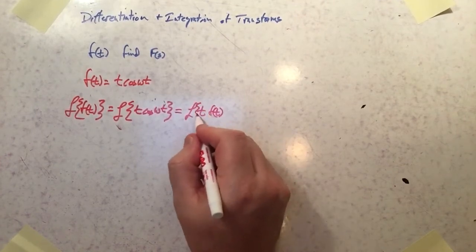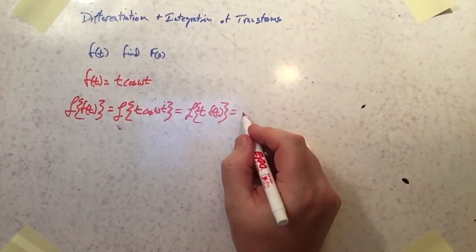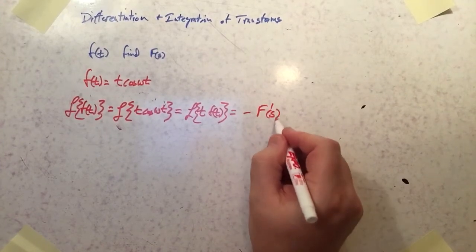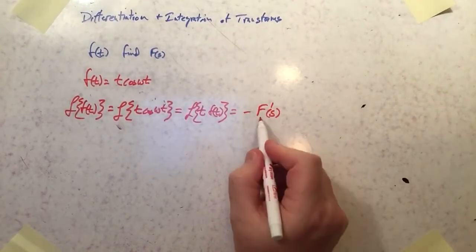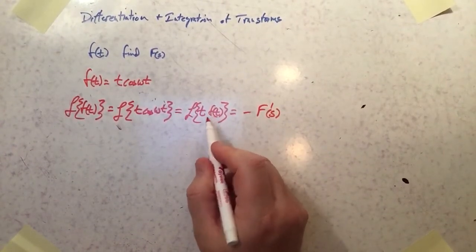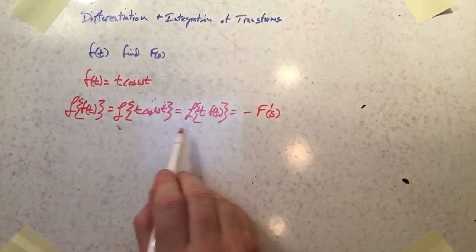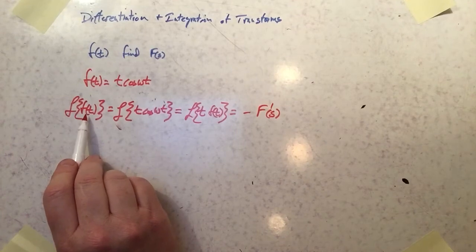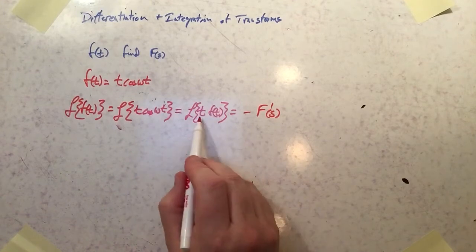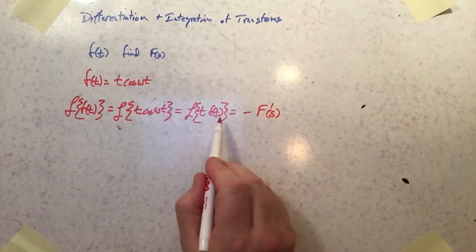And of course, we know that the Laplace transform of t f of t is equal to negative F prime of s. Now, this particular F of s was based on whatever this particular f of t is. So I'm going to ignore the original definition for f of t, because the Laplace transform of that original f of t produced the Laplace transform of t cosine omega t, or t times a new f of t, of which this F of s is the Laplace transform.